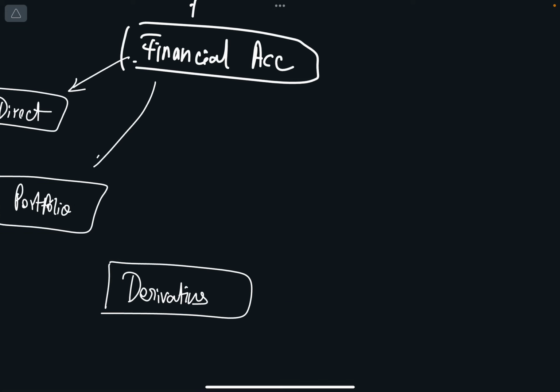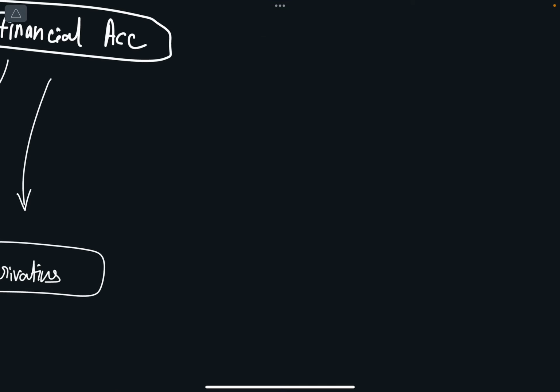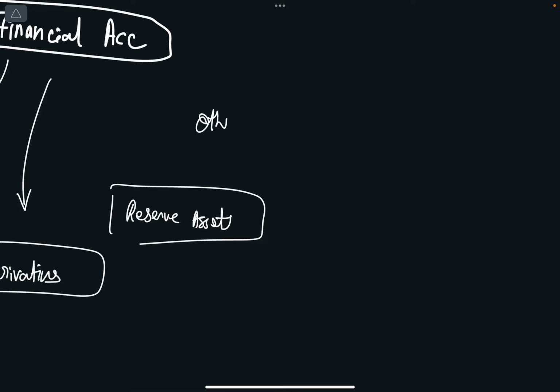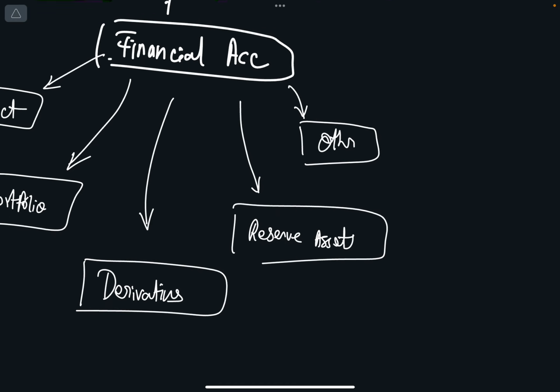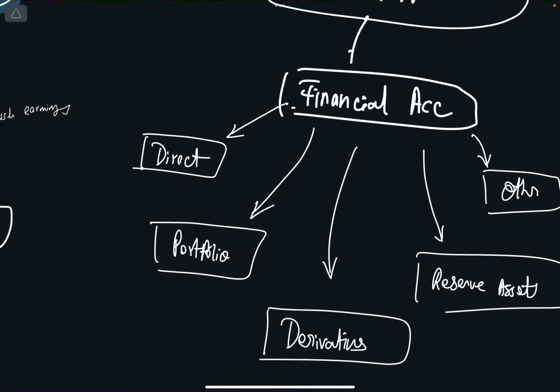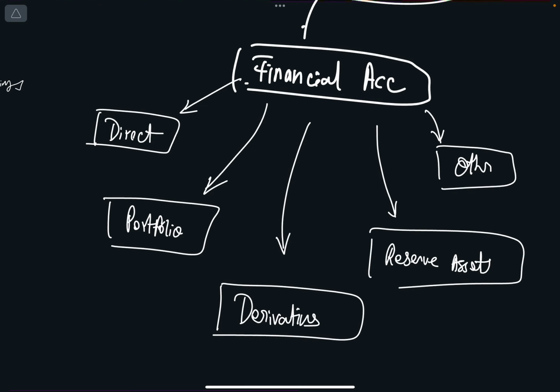So there is direct, portfolio, derivatives, reserve assets, and other. So this is all other miscellaneous. All good. So under reserve assets, I actually don't know what reserve assets are, so I need to look into that. But direct, it's just long-term investments, no speculative gain.